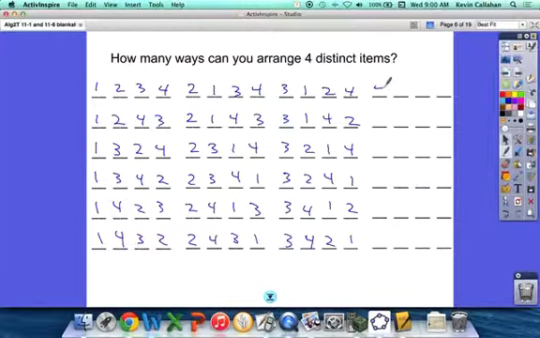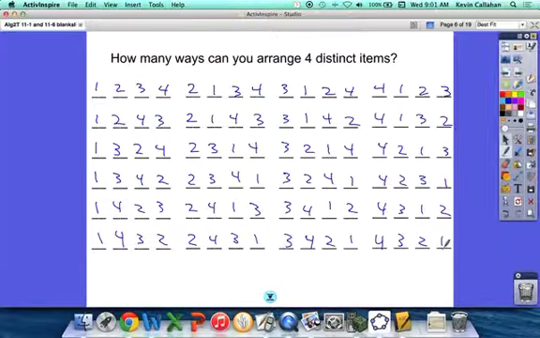And the last will be 4 in the first spot, with 1, 2, 3 in the remaining places, all six orders.